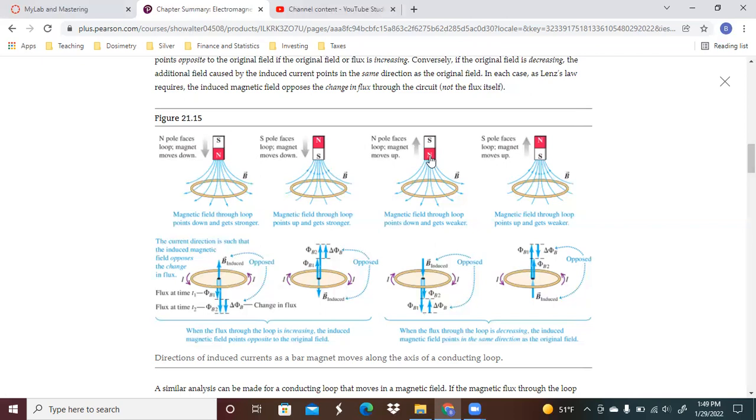If you have the north pole of the magnet oriented towards a loop like this, but it starts moving up, then you are seeing the change in the flux go from here to here. It's basically being reduced. This is the amount of reduction that you're seeing. That's the change in the flux. It's going from this to this, so it's being reduced, pointing in this direction. We don't like that.